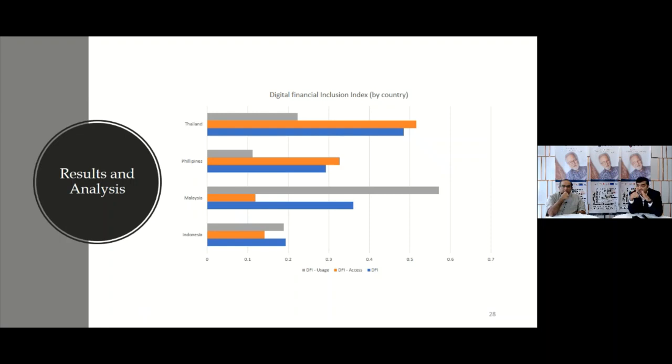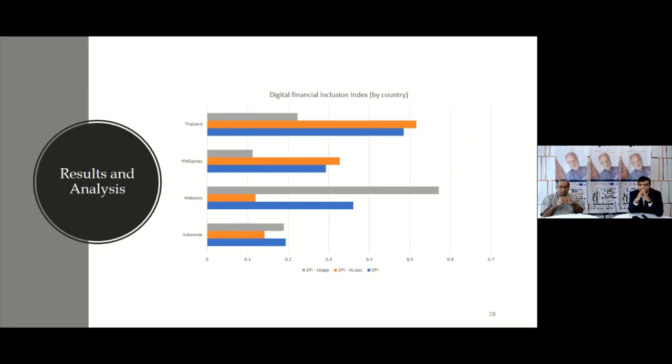So in terms of the agent network or mobile networking, the banking sector and other financial institutions or fintech are providing facilities for the customer. So it's quite high, even in the Philippines as well. Whereas in Malaysia, especially in some rural areas, you cannot see as much as in the other developing countries.